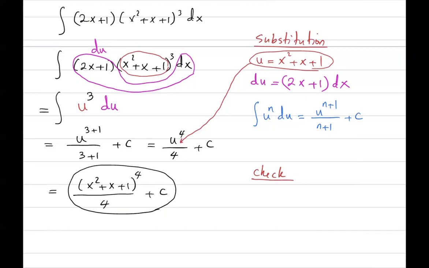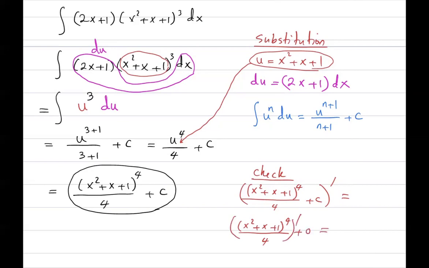So let us check our work. The quantity that we have is (x² + x + 1)⁴ divided by 4 plus C. If I take the derivative of this, you have the derivative of (x² + x + 1)⁴ divided by 4, and the derivative of C is just 0.